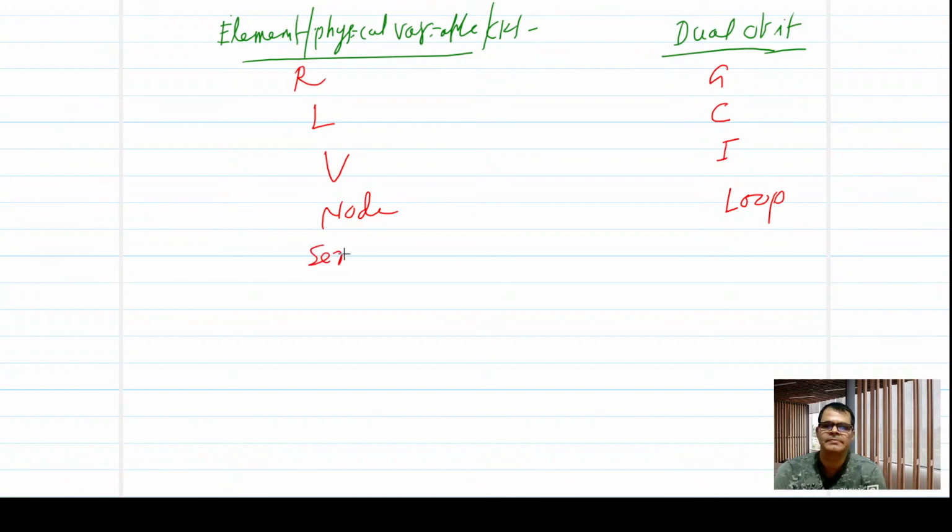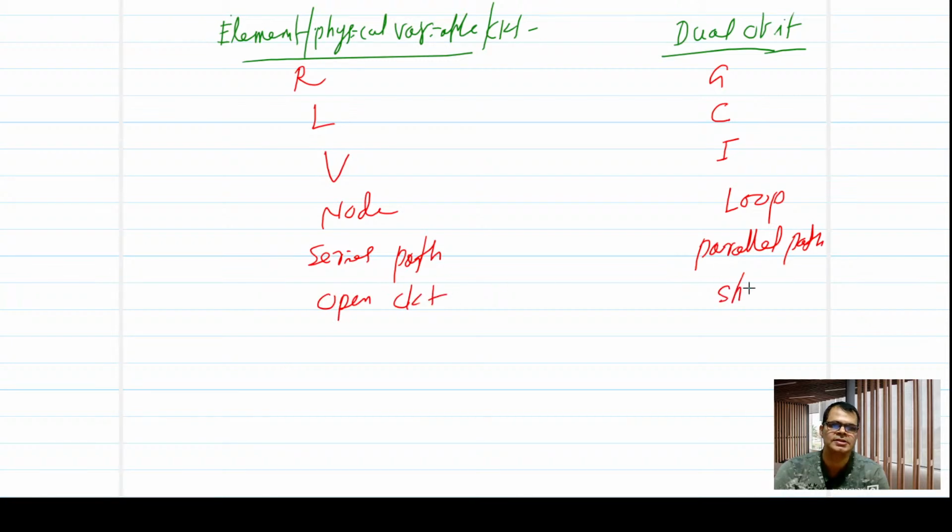Series path, parallel path. Open circuit, short circuit. KVL, dual is KCL.